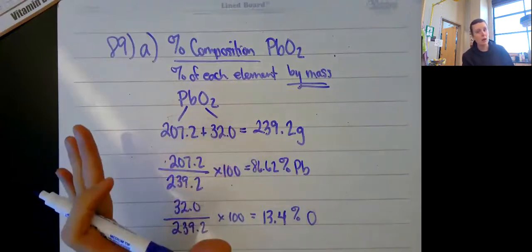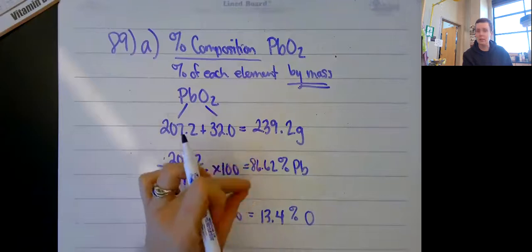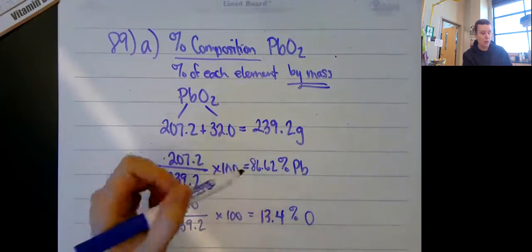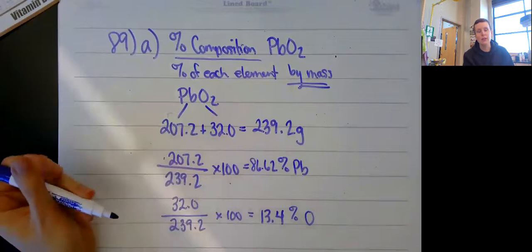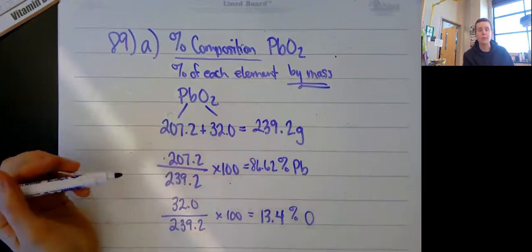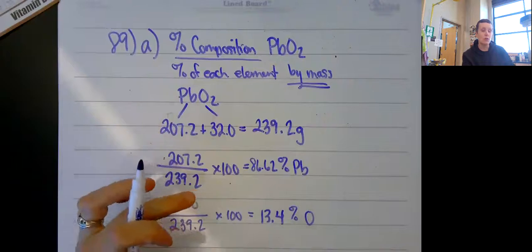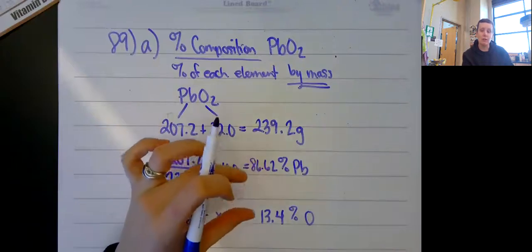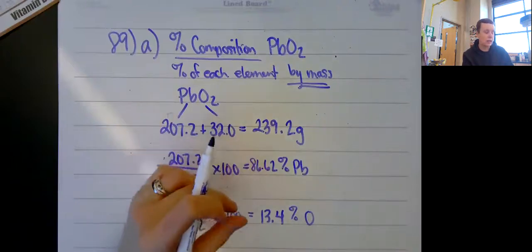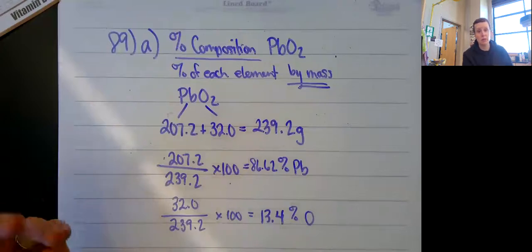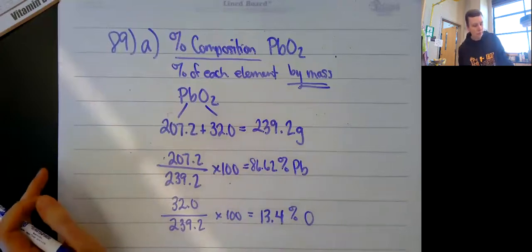It might not always be exactly 100% because of sig fig differences here, but when we add these two together, we're going to get really, really close to 100%. I think it's 100.02%, okay? So I think you should use it as an answer check to see if these all equal close to 100% instead of just automatically assuming that you did the first problem right, because we're humans, we make mistakes.